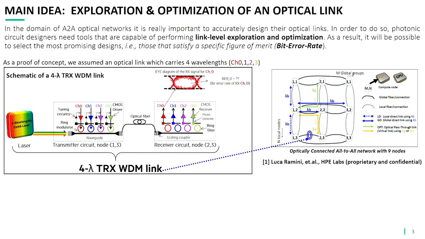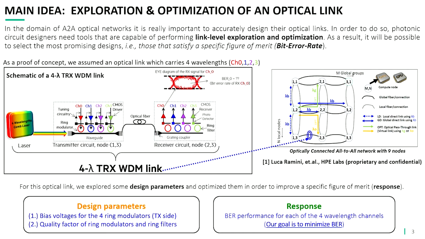To test our workflow, we picked a test case. So we picked a 4-channel WDM link. The schematic you can see in the image on the left. It has a 4-wavelength comb laser feeding the transmitter, which is composed of 4 ring modulators. Signal goes through an optical fiber, and on the receiver side, you have 4 ring filters to demodulate the signal.